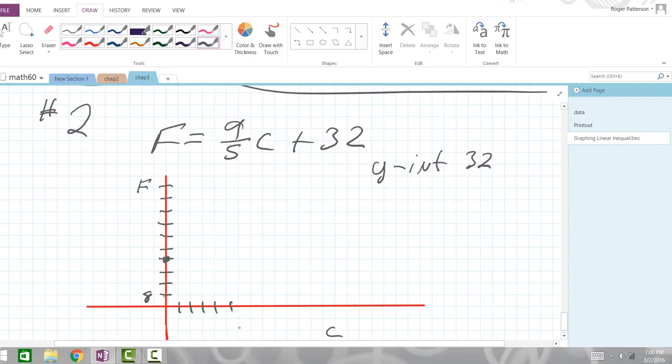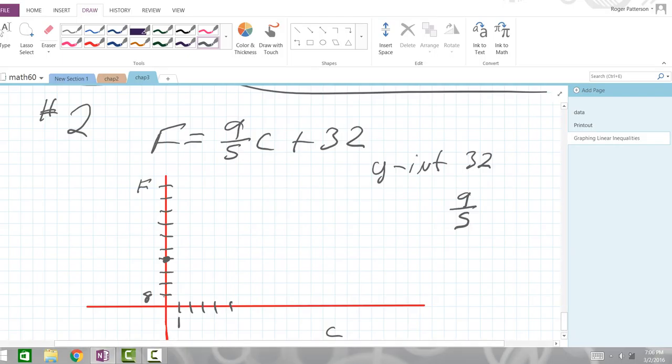Okay? So my slope is 9/5. Oh, nice. You picked 8. What do you want to go by on the x? 1. Okay, 1. All right. So now let's see. I have to do 9 over 5. Oof.